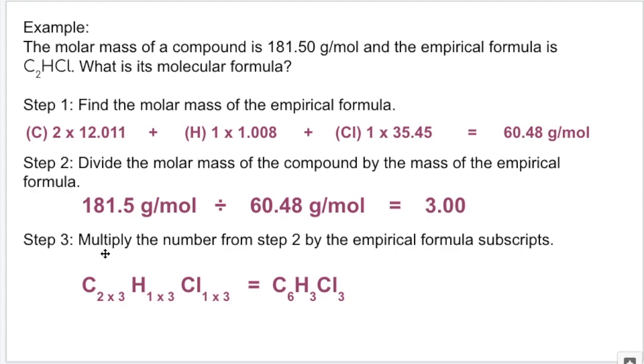The last step is to multiply the number from step 2 by the empirical formula subscripts. 3 times the 2 carbons gives 6 carbon, 3 times the 1 hydrogen gives 3, and 3 times the 1 chlorine gives 3. So the molecular formula for this compound is C6H3Cl3.